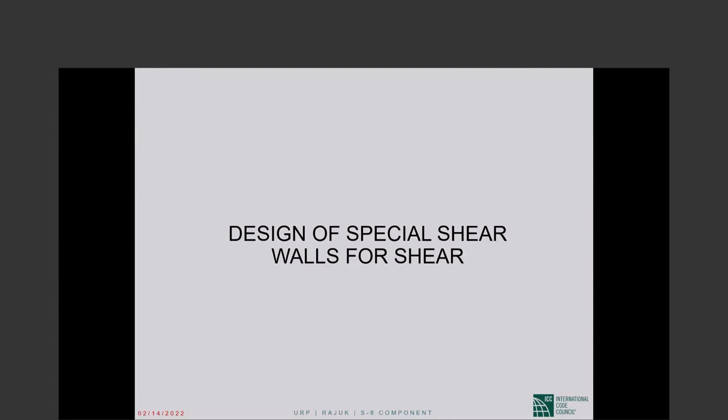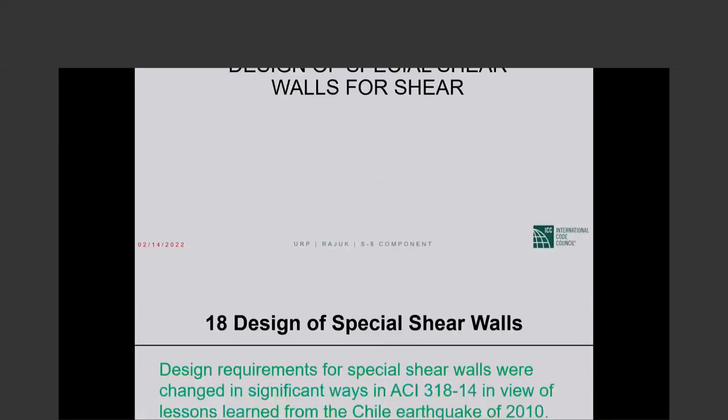We cannot design separately for flexure and for axial load. It's combined flexure and axial load, and the shear design is done separately. Typically, we would do the shear design first in the case of a shear wall, and then go into the flexural design. Okay, so design of special shear walls for shear.